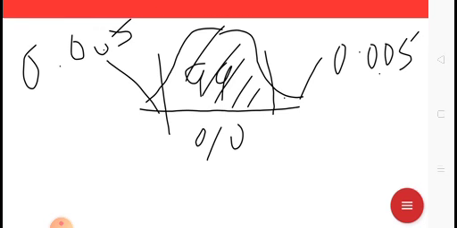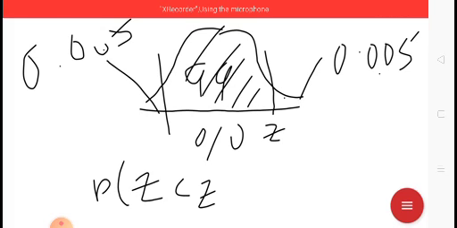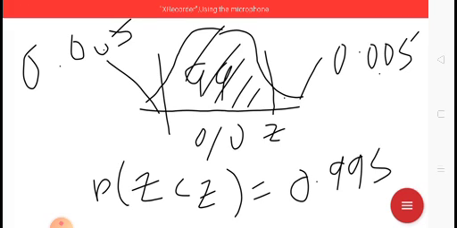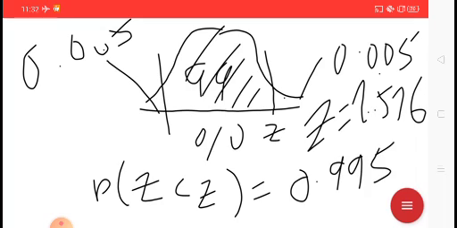So the Z that you want to find, P(Z smaller than z), is equal to 0.995. If you look at the table for 0.995, what do you get? The critical value table, from 0.995, gives Z equal to 2.576. Do you find that?